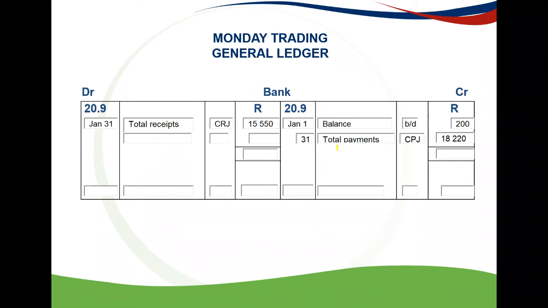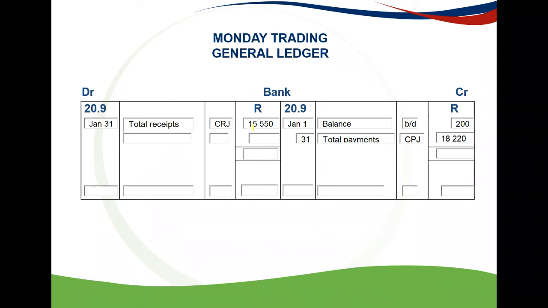And to balance a bank or any ledger account, any asset, liability or equity account, where there are balances, because remember, your assets, equity and liability accounts have balances whereas your expenses and income accounts have totals, you must first look and see which side is the biggest.